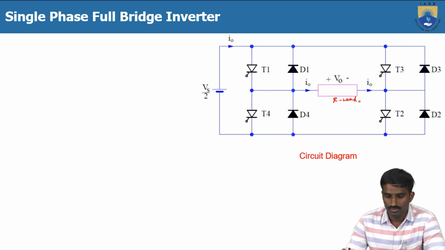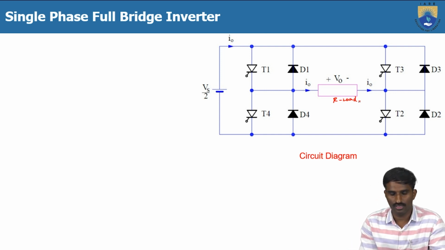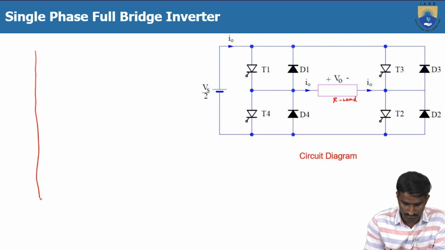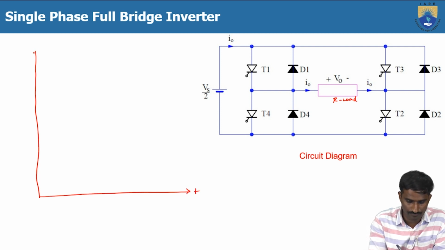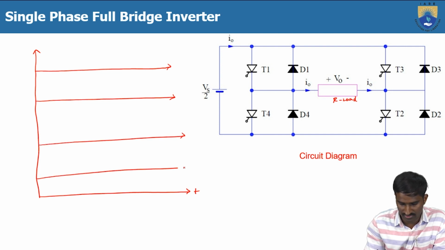Initially, I will draw the waveforms also. This is T, and these are the gate signals. First I will draw the gate signals, and this is, let me consider, for V0. And this is for I0.